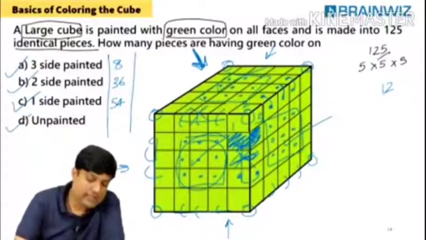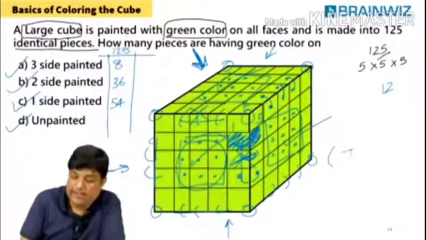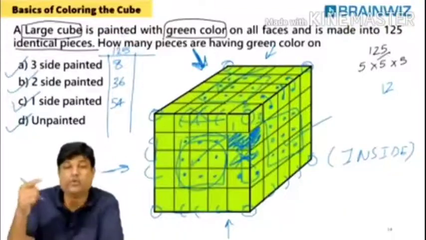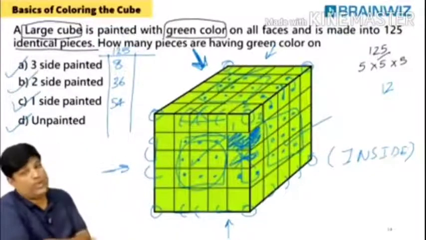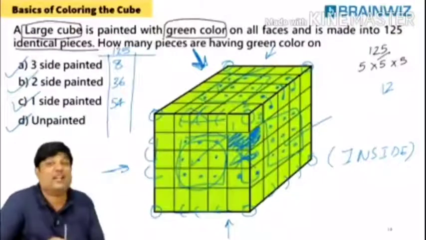Let's try to go with the unpainted. Students, I want the unpainted from your side. Where are unpainted? Inside. Can you see inside? No, you can't see inside. But how to count those pieces which are unpainted inside?